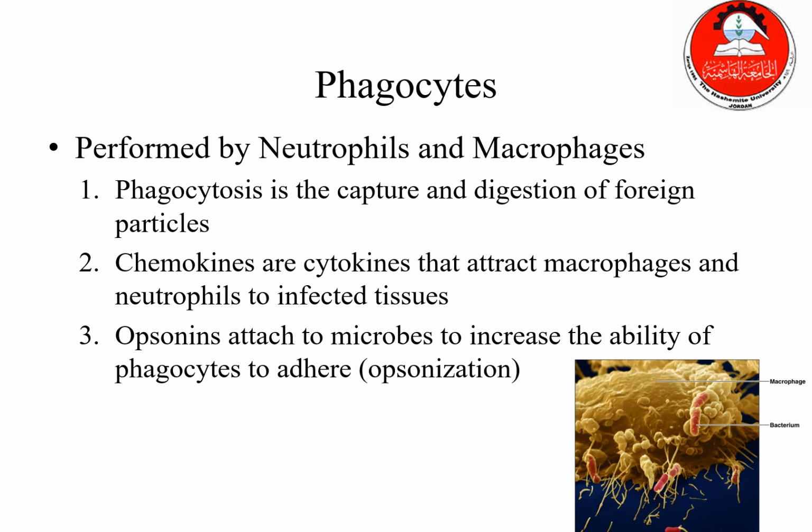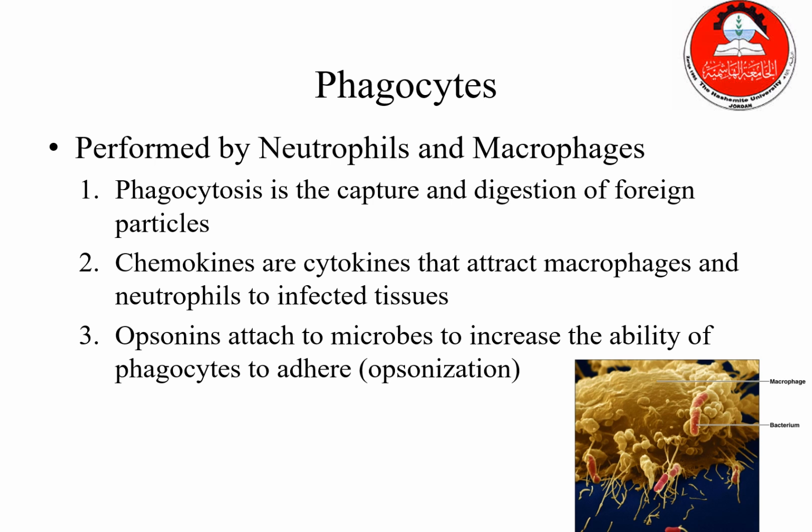Also, they are going to produce interleukins and tumor necrosis factors that serve as chemoattractants for recruitment of other macrophages and neutrophils to come to the site of infection. Also, it is going to work with opsonins. Opsonins attach to microbes to increase the ability of the phagocytes to adhere. So opsonization makes it easier for phagocytic cells to target these cells.